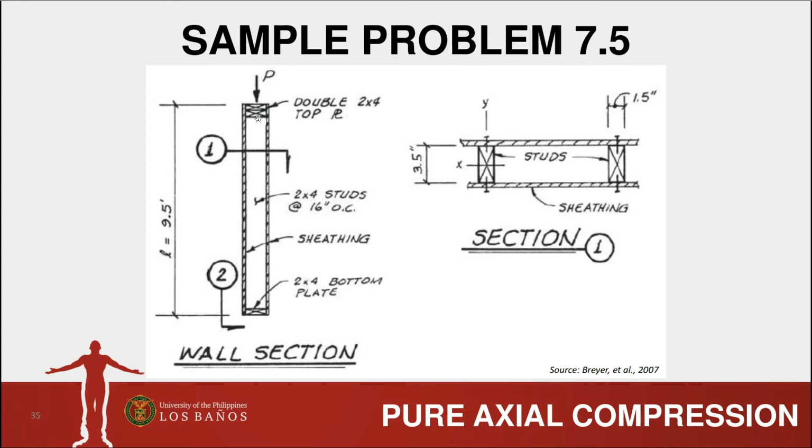In the center we have 2-inch by 4-inch studs, which are spaced at 16 inches on center. Looking at the top view, here are the sheetings and here are the 2-inch by 4-inch studs.